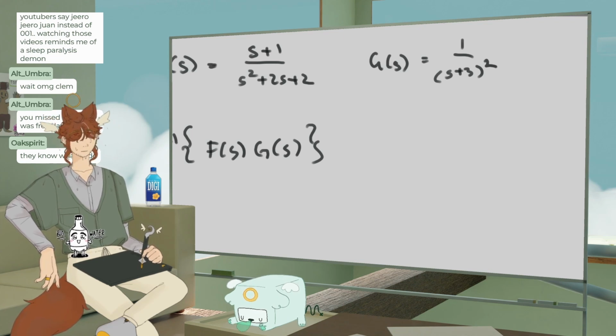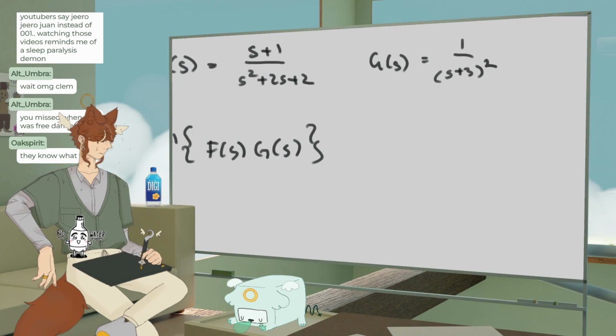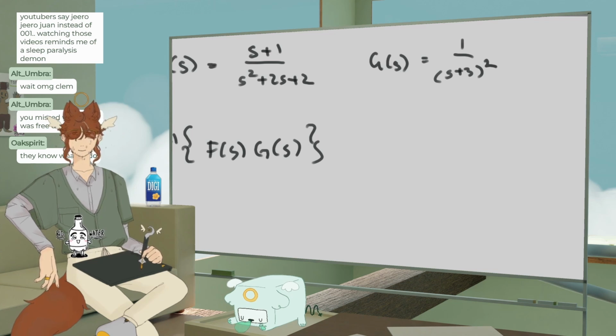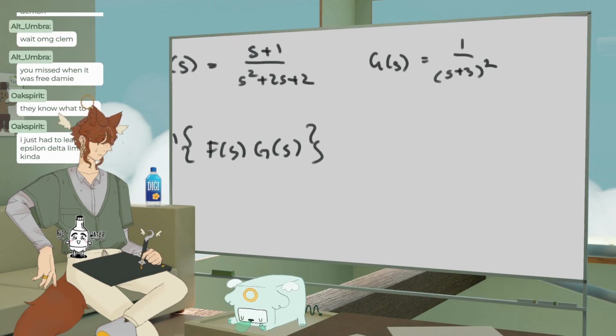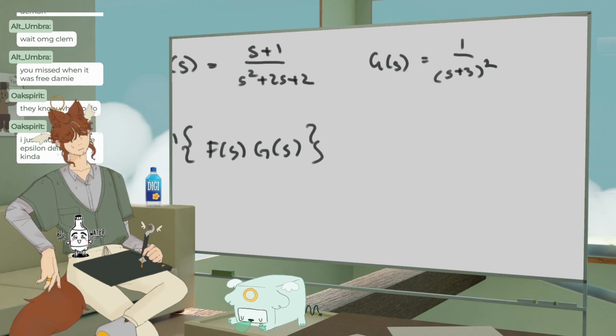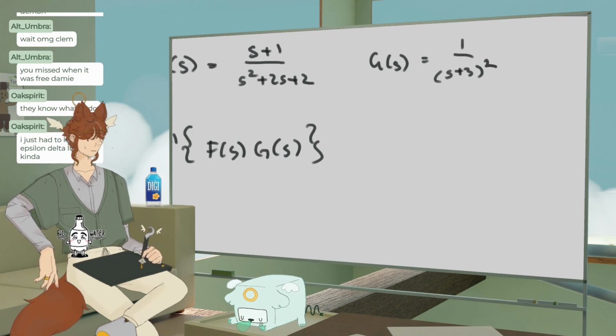What was I getting? Oh, convolution. Of F of t, G of t, right here. I did a winky face in my notes. Where is it? Nope, that's not it. Nope, it is it. What is this? Oh, I had to learn epsilon delta. I never had to actually learn those.